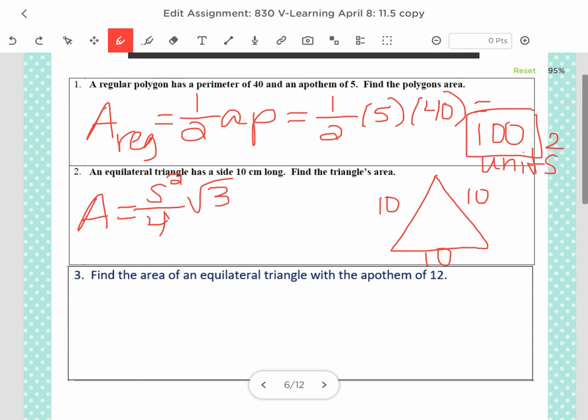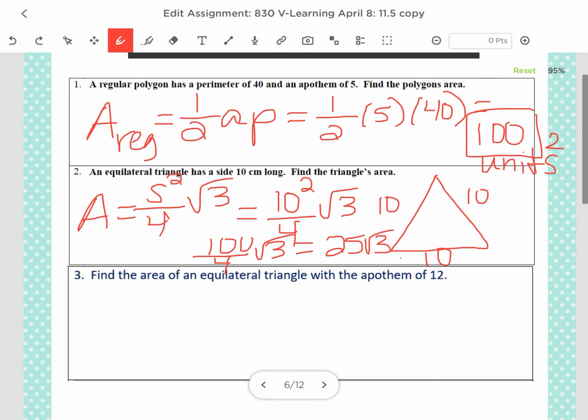If I was just going to use the area of a triangle formula, I would need to know the height to do 1/2 base times height. Since I only know the side, I can just take 10 squared over 4, multiply it by root 3. So I'd have 100 over 4 times root 3, which is 25 root 3. Again, if I had to have units, I would have that as units squared.